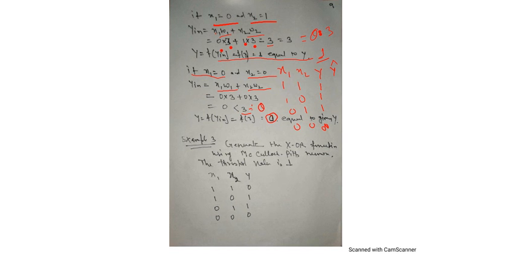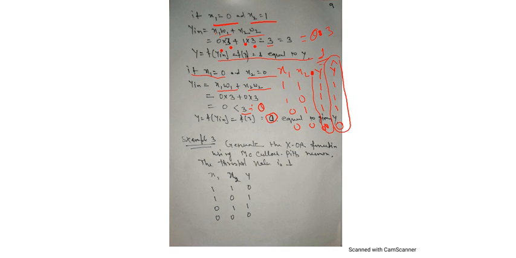In the first case we got 1, second case 1, third case 1 and in the fourth case we got 0. So it matches exactly the given output. So it also works properly in the OR gate with the McCulloch-Pitts neuron.